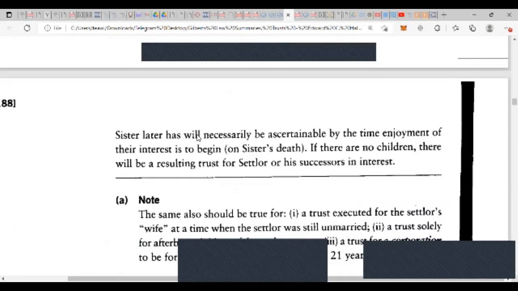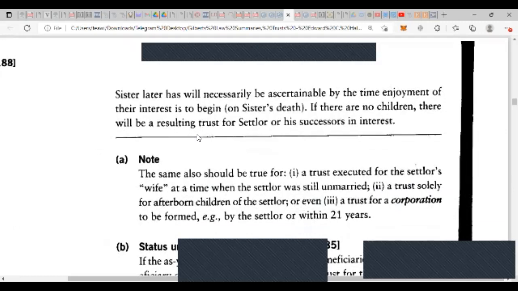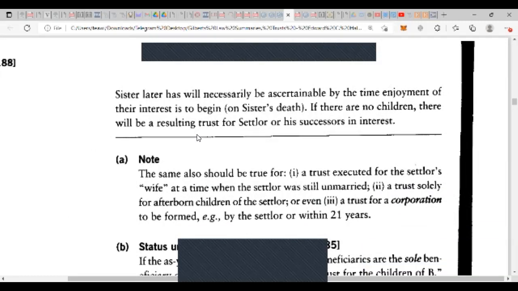Whatever children sister later has will necessarily be ascertainable by the time enjoyment of their interest is to begin on sister's death. If there are no children, there will be a resulting trust for the settlor or his successors in interest.